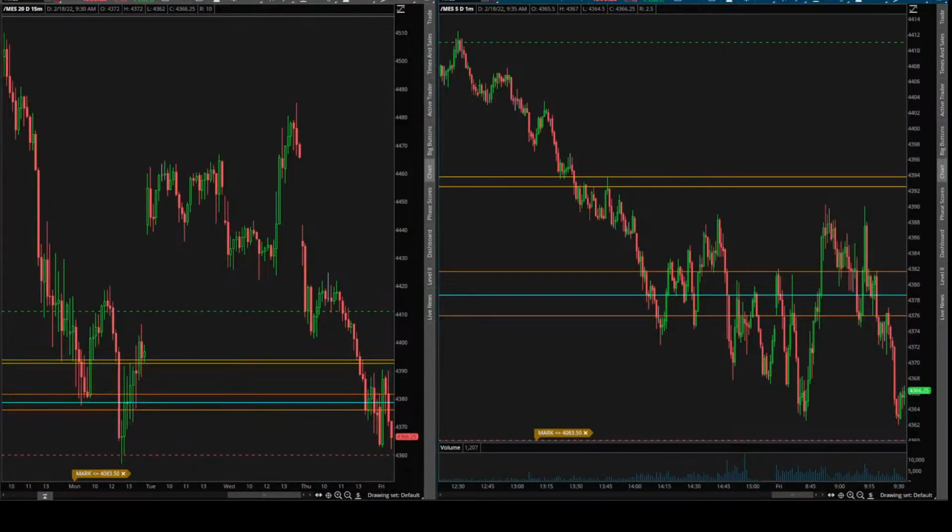So ES took out the low of the day. Hasn't gotten down to the overnight low yet. Bumping against the 68. Not that that's a big area of concern, but that's just what it's doing right now.